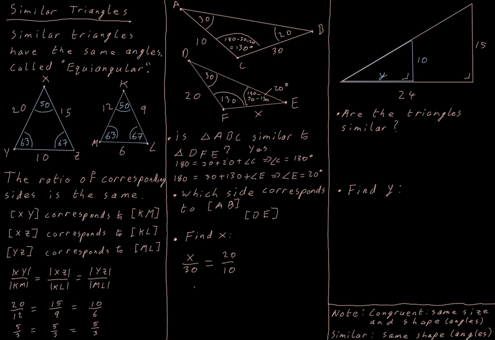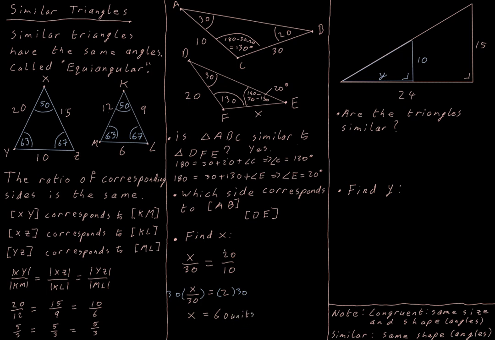So x, I have an obvious common factor of 10 here. So I have x all over 30 is 2. I want to find out what the value of x is. So I multiply both sides by 30. And I get x is equal to 60 units.